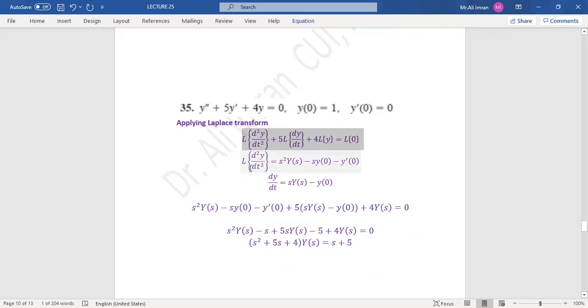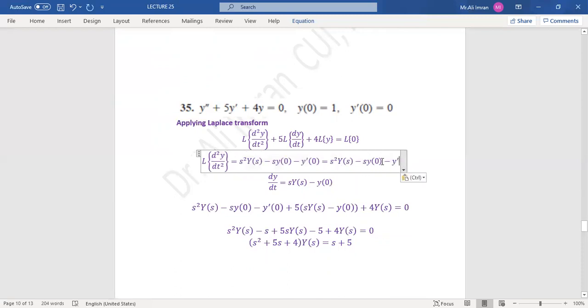For the second order differential equation, the Laplace transform will be equal to s square capital Y of s minus s y of 0 minus y prime of 0. Using the boundary conditions, y of 0 is equal to 1 and y prime is 0, we have s square Y of s minus s.